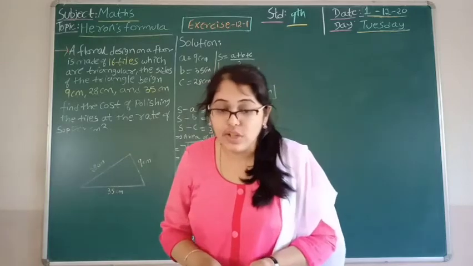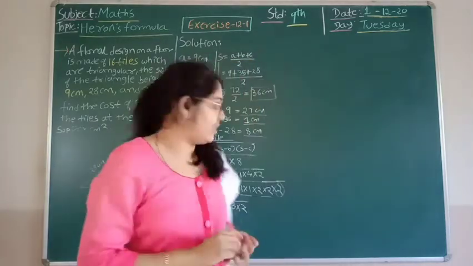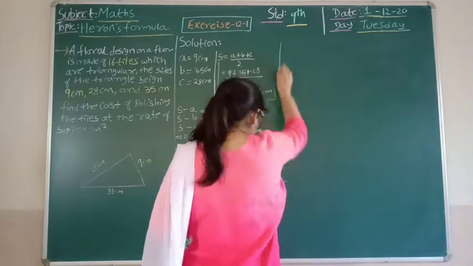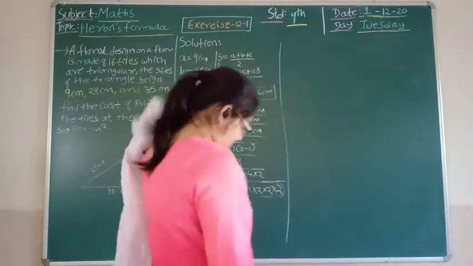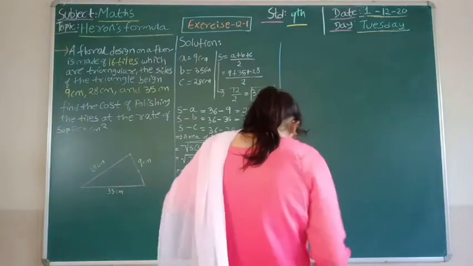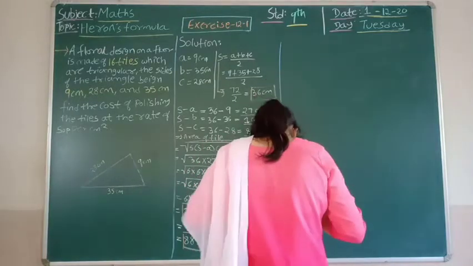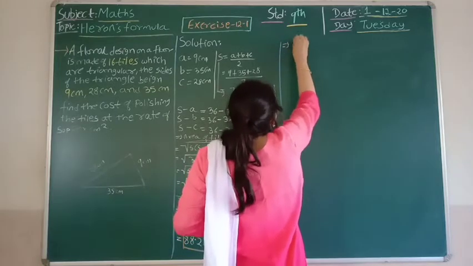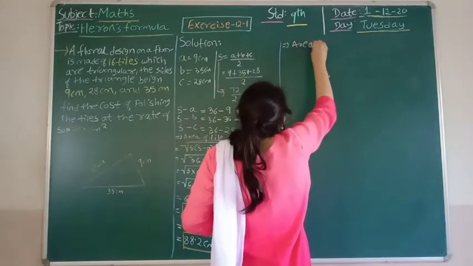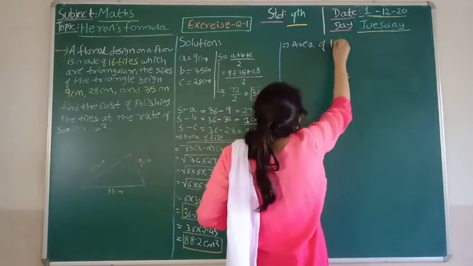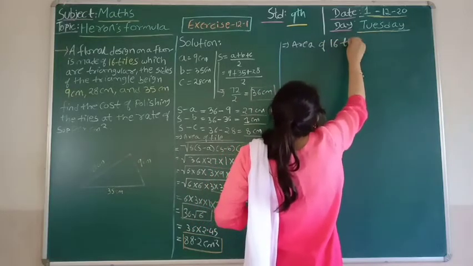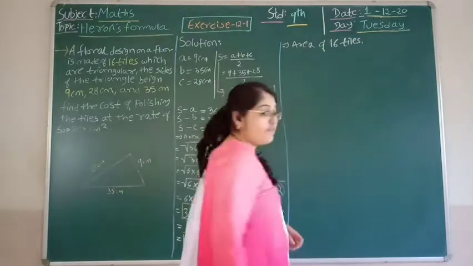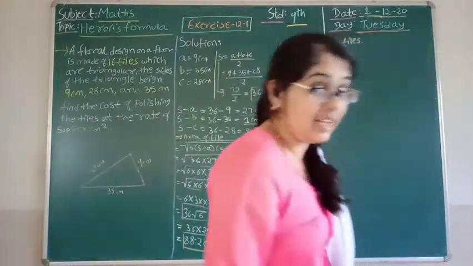So, what I need to do? I need to find the area of 16 tiles. I am writing over here, area of 16 tiles, because I am finding the area of 16 tiles.